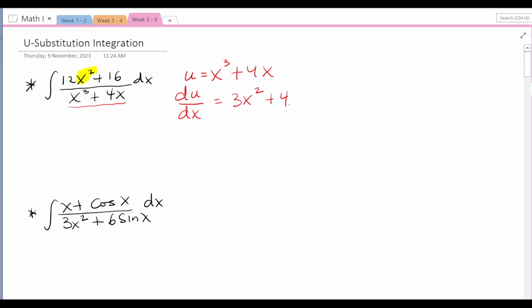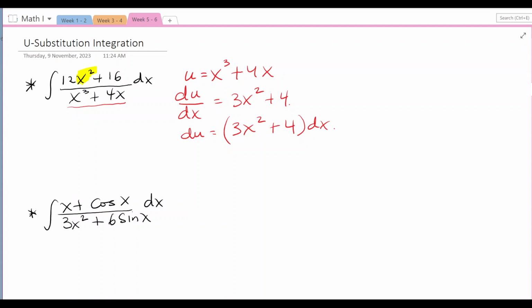So in this case, we are going to replace du equals (3x squared plus 4) dx, which the question that we have can be modified into.